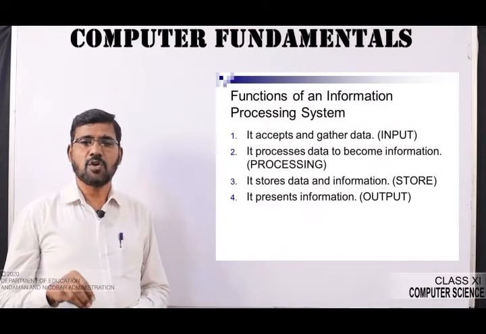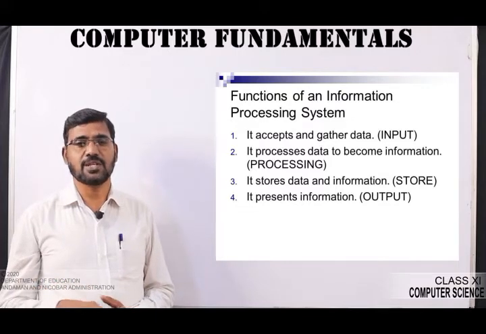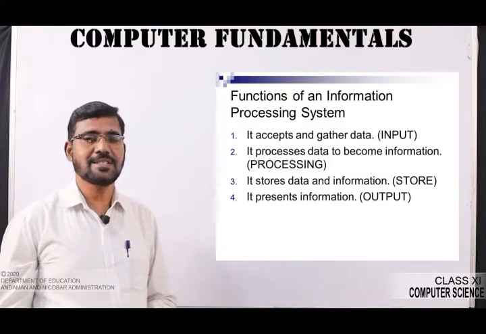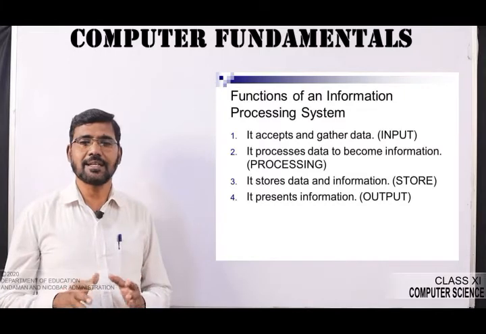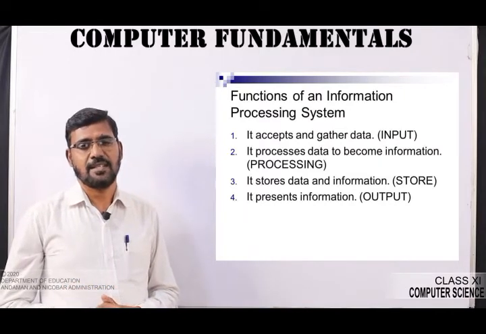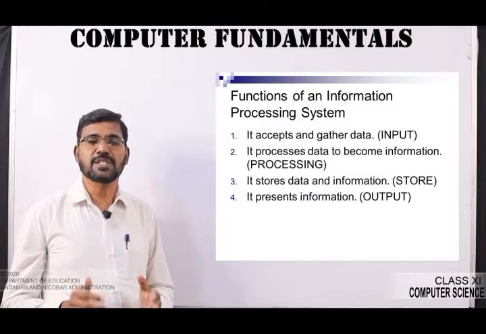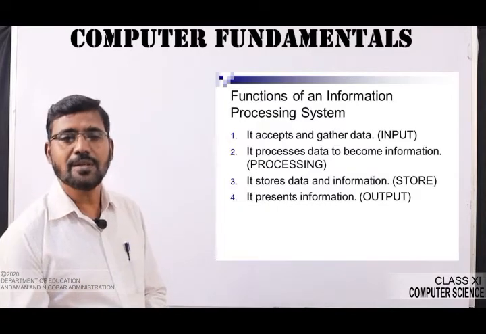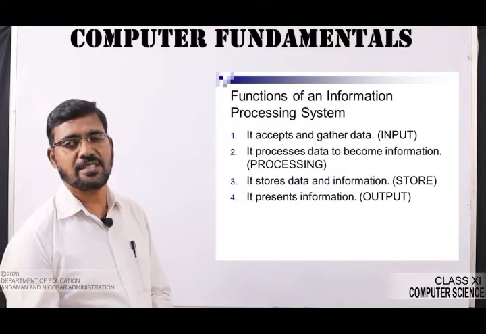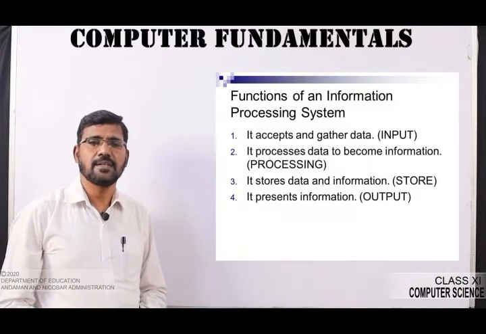Processing means it processes the data to become information. Store means it stores data and information. Output means it is a kind of presentation of information. So, these are the four functions of processing.